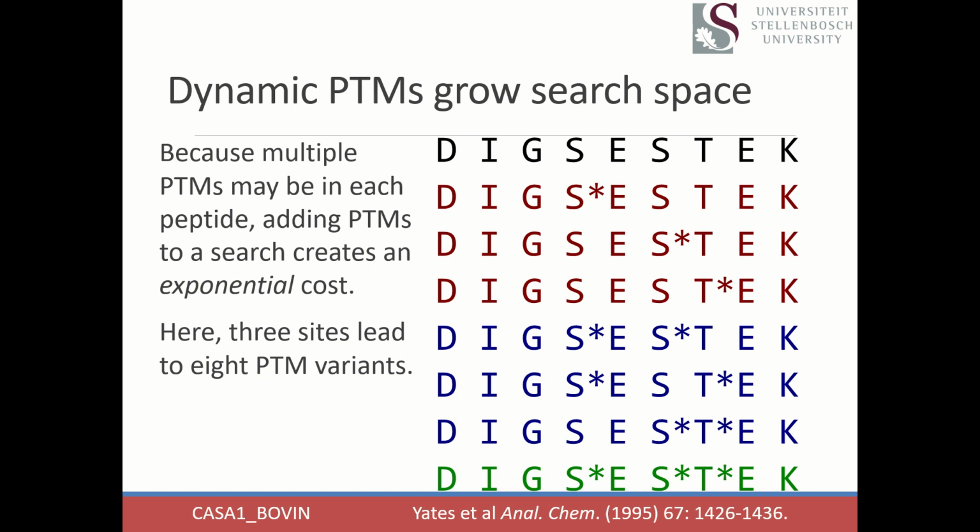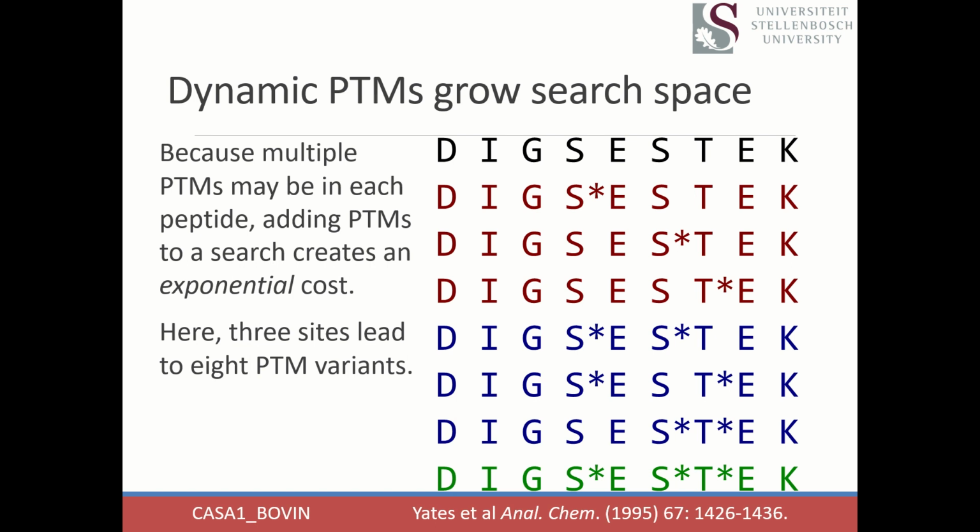Okay, so when we look at the expansion that takes place for this peptide, with just the possibility that serine or threonine or tyrosine could be phosphorylated, we see that one peptide has expanded into 8. We have the completely unmodified form at top. We have 3 possibilities representing single phosphorylation. We have 3 possibilities representing double phosphorylation, and 1 possibility representing triple phosphorylation.